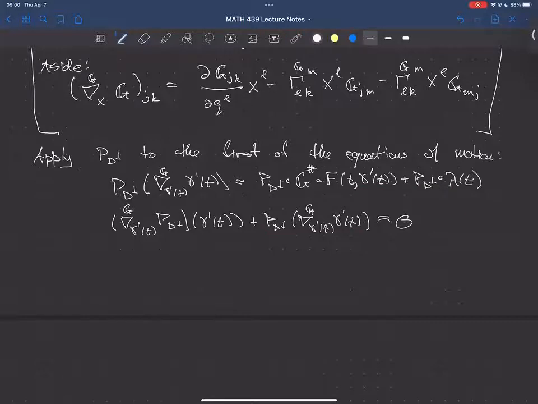I have PD perp G sharp F of t gamma prime of t plus lambda. The other thing to notice is that lambda is already in D perp. That's one of the assumptions of the constraint force, that it annihilates things in D, and so PD perp of it is equal to itself because it's already in D perp. So this is just lambda.